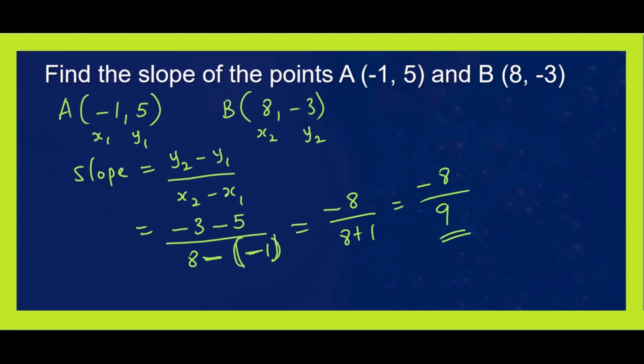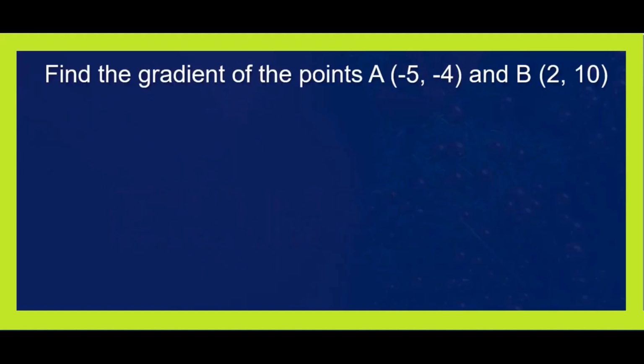We've done a good job for ourselves. So now let's look at the third example, which is the last one in this series. In the third example, we are asked to find the gradient of the point A. A here is minus 5 comma minus 4.